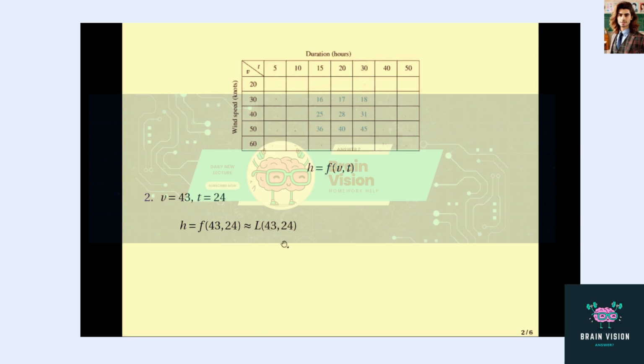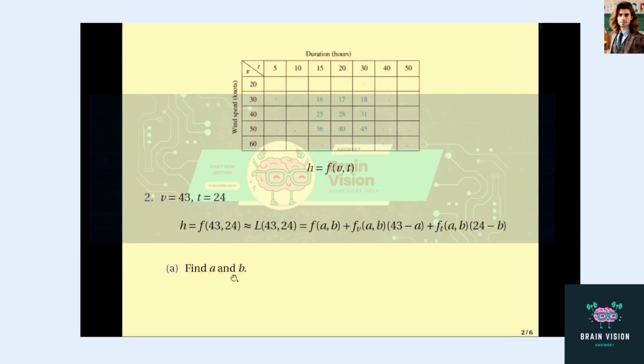This linearization is given by the formula f of a, b plus f sub v of a, b times 43 minus a plus f sub t of a, b times 24 minus b. Here, a is a wind speed, b is a duration. Keep in mind that to be successful, our a must be close enough to 43 and b must be close enough to 24.